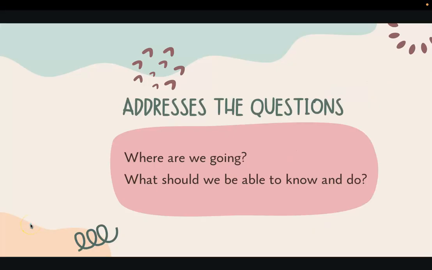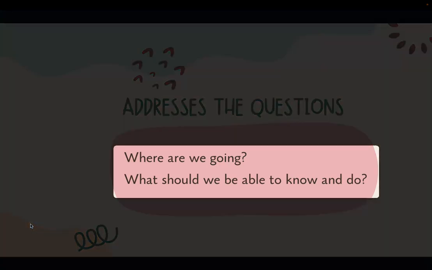All right, welcome back to the UbD Like a Boss series. We're in stage one, and this episode is going to focus on all things standards related. So, stage one is addressing the questions, where are we going and what should we be able to know or do?